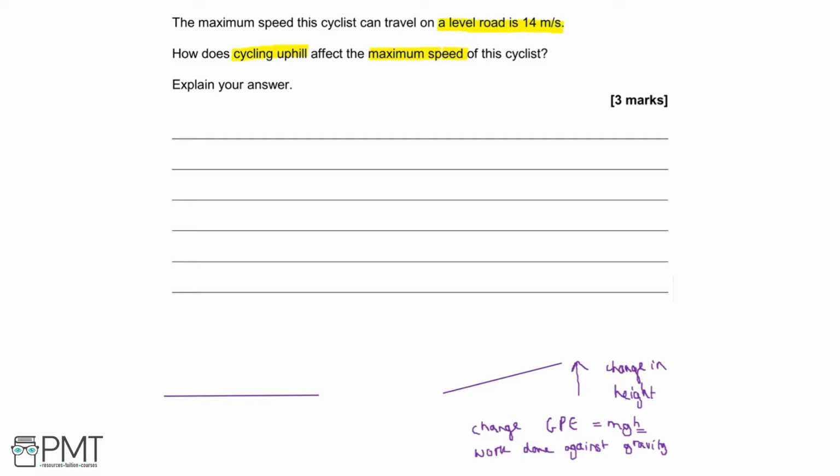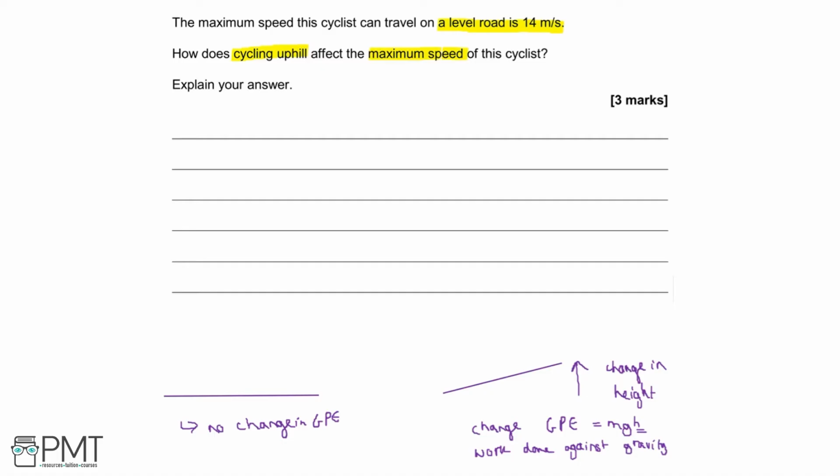However, this doesn't happen. There is no change in GPE, and so no energy is transferred to the gravitational potential energy store of the cyclist. The power input is the same. The cyclist is pedaling, and they are transferring the same amount of chemical energy into this process.